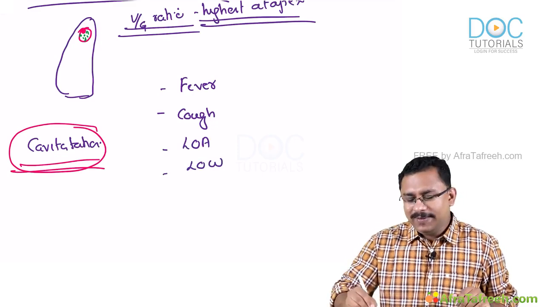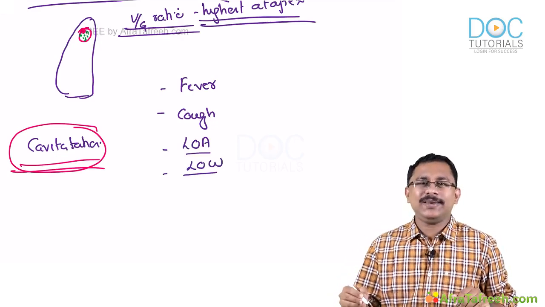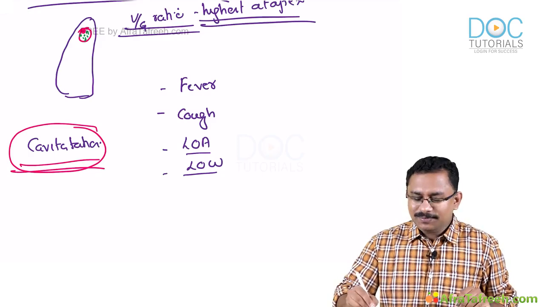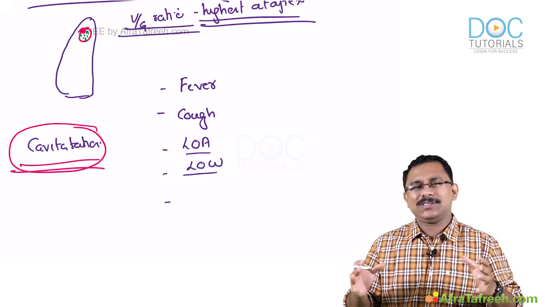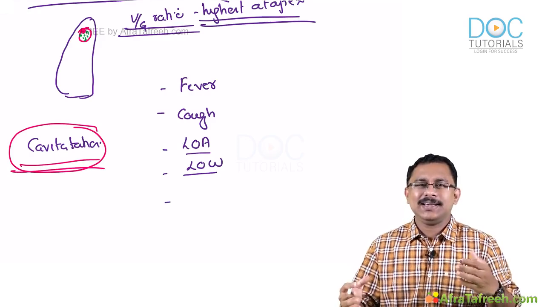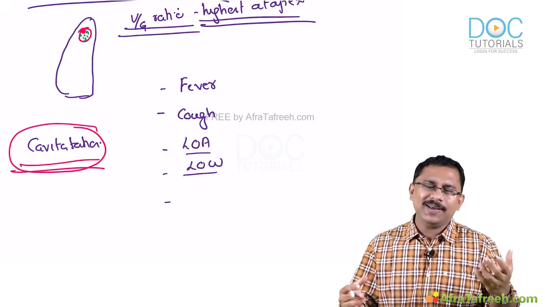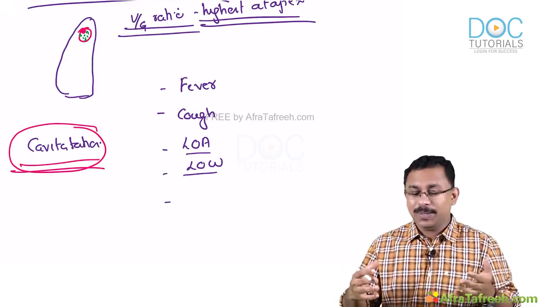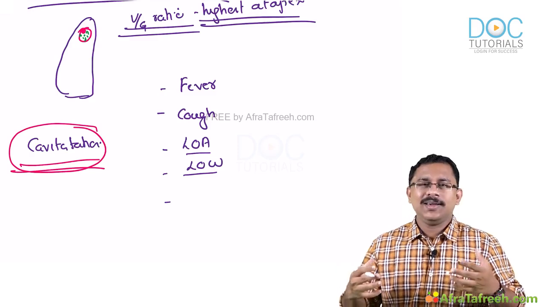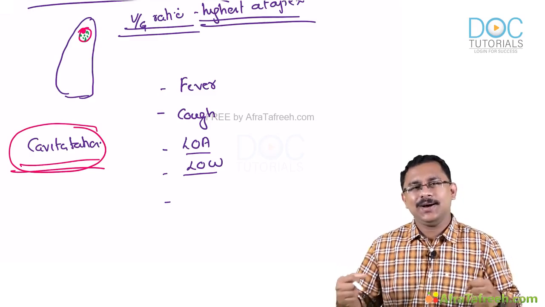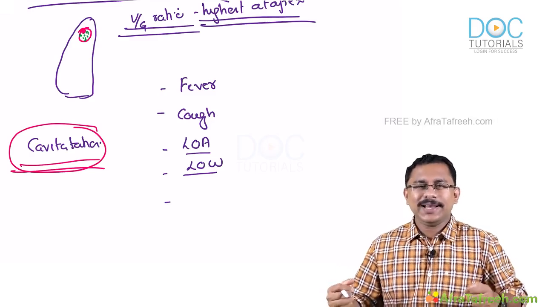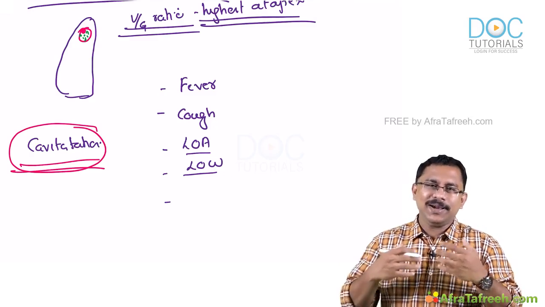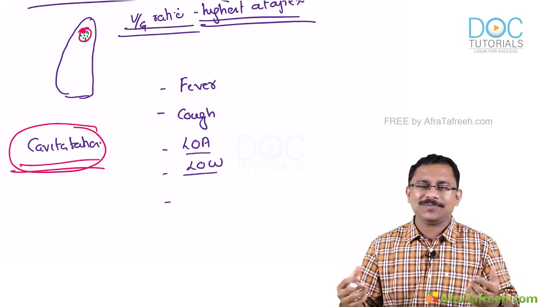Sometimes in the initial stages, even before developing any symptom, maybe even before the cough, he might see that his weight is coming down, and that is when he might be thinking, what is wrong.